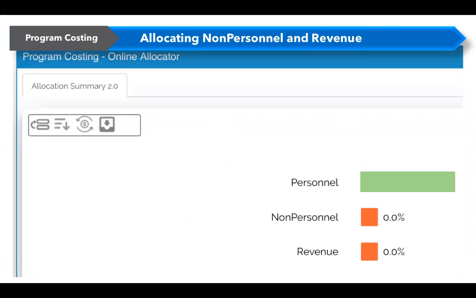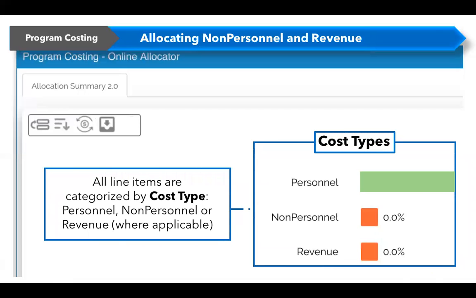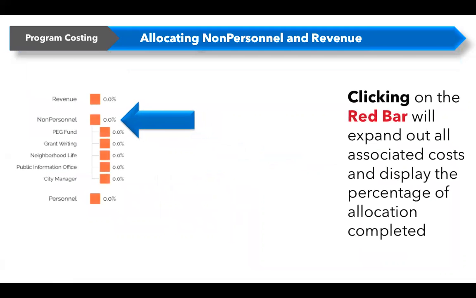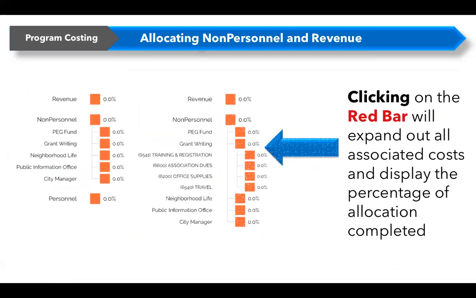Okay, once your personnel allocations are complete, your red bar will turn green, and then you'll know that you can move on to non-personnel. So you'll click on non-personnel, remembering that non-personnel is allocated by dollar amount spent on each program. Again, you simply click on the red bar to expand out for more specific information.